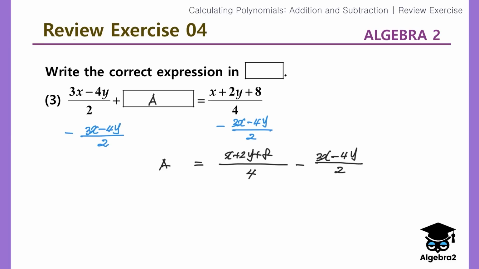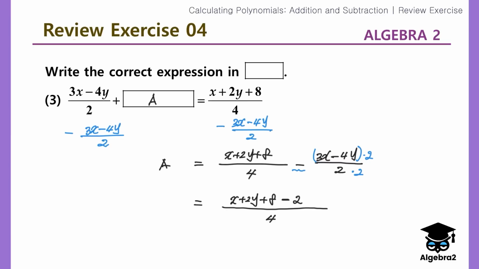So in order to simplify this expression, we're going to have to find the common denominator, right? The common denominator is 4, so just multiply by 2 here and 2 here. So expression A is equal to, denominator is 4, and we have x + 2y + 8, minus, remember this is minus, right?